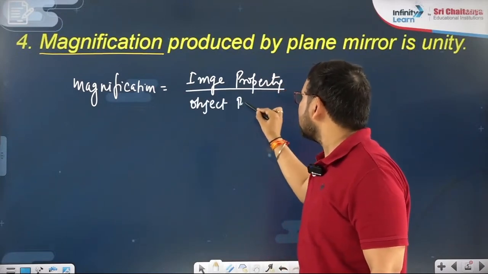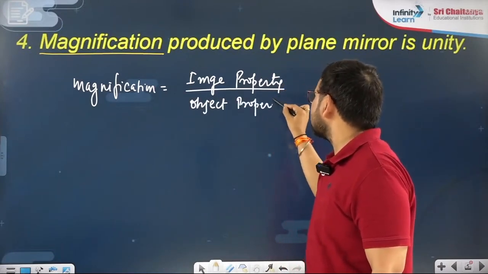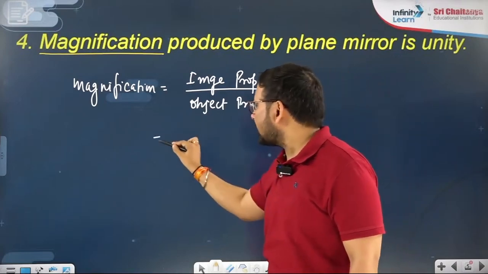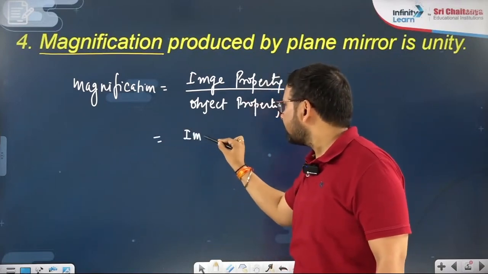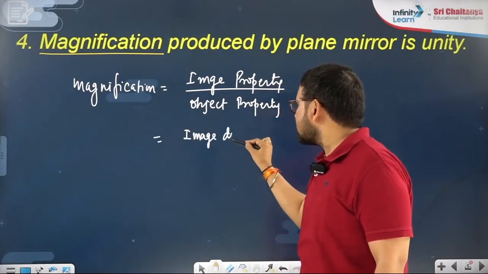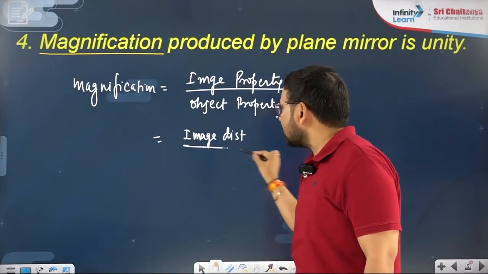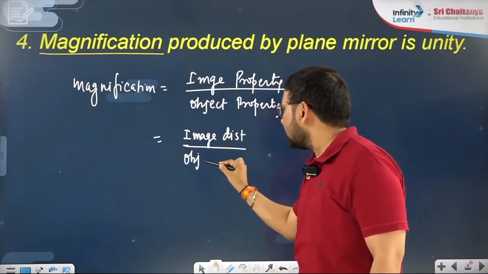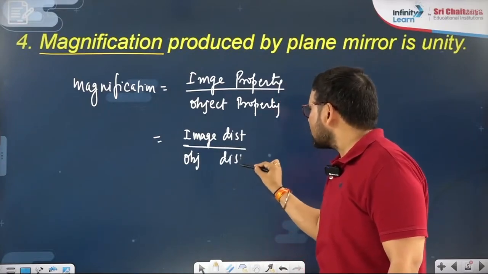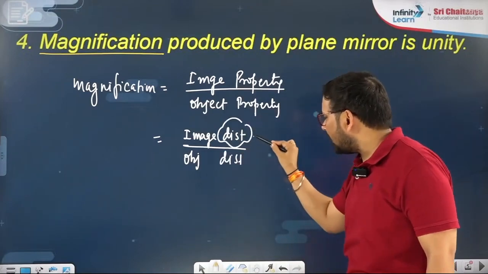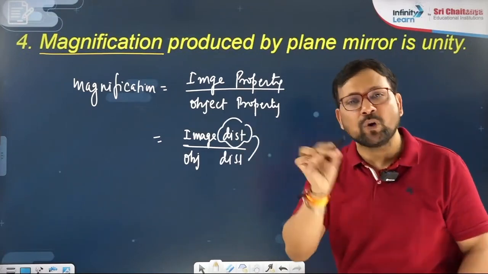What I mean by this property is, suppose I can write image distance upon object distance, that I am writing. So what property have I chosen? I have chosen distance. So I will compare the distance of the image to the object.